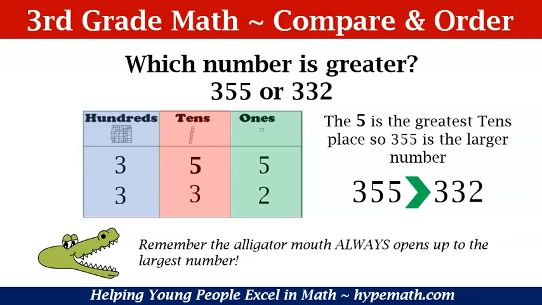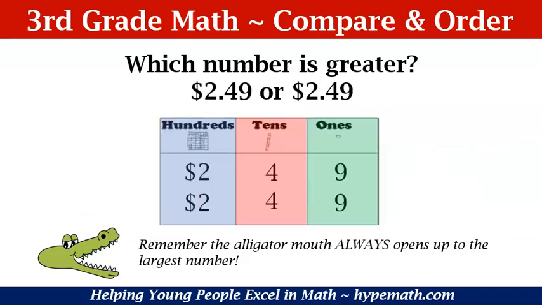Let's look at one more example. Which number is greater, $2.49 or $2.49? Okay, we are lining up our numbers like we said. Starting at the hundreds place, we are going to compare our numbers. In the hundreds place, our numbers are the same.